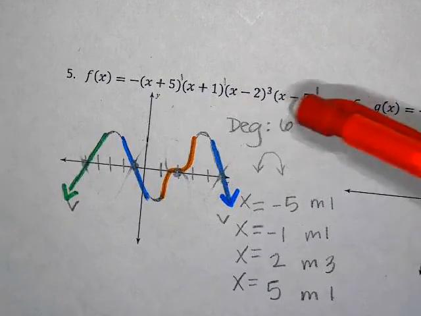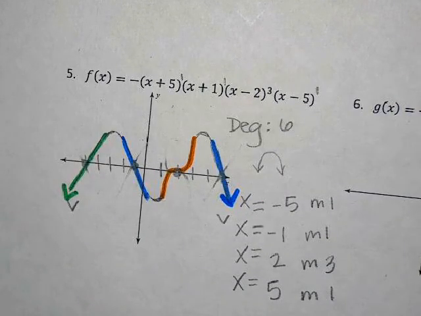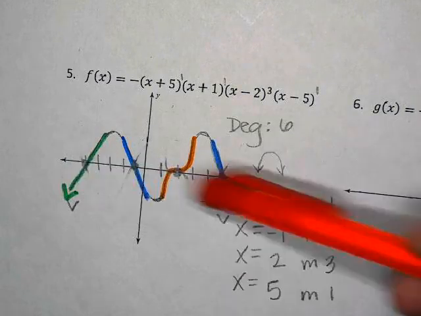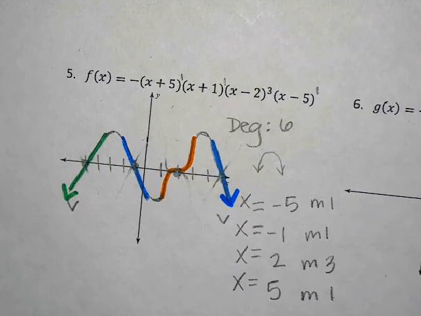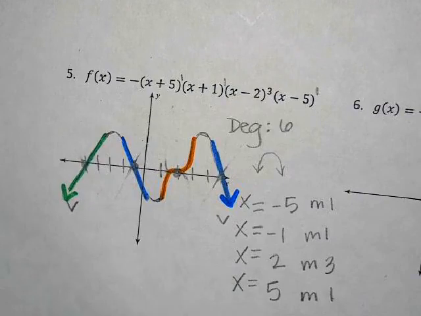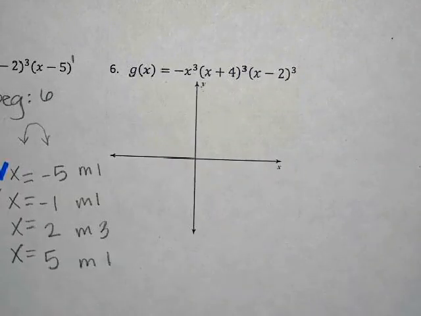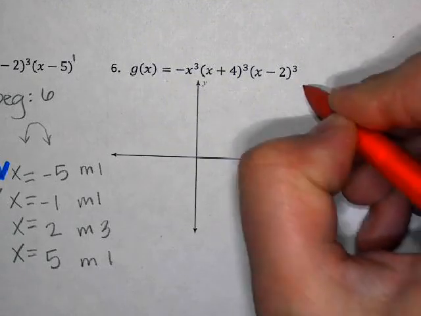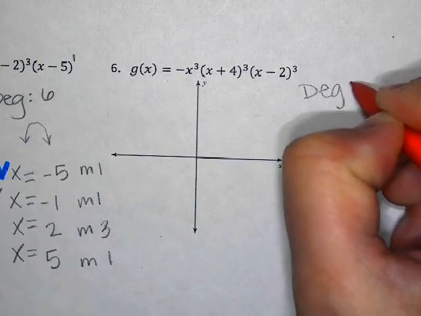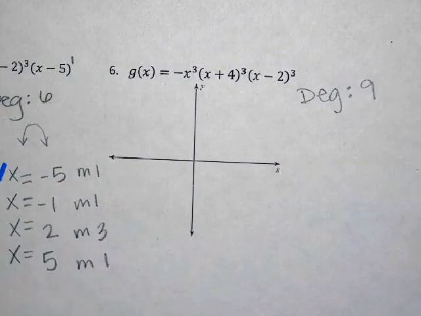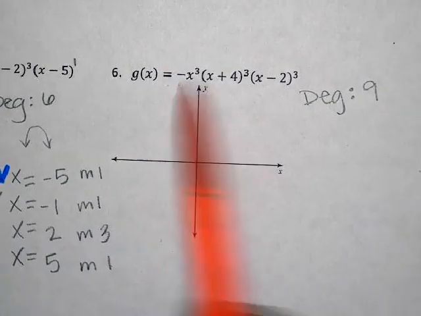Okay, let's do one last one. What's the degree for number 6? Degree for number 6 is 9. Right? We got a negative in the front. 9 is an odd number. So what are the arrows doing? Odd number, we got a negative in the front.